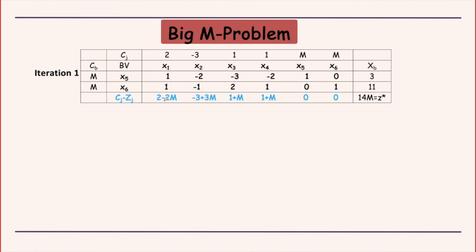Now if you calculate the Cj minus Zj part, you would notice that there is one which has a minus 2M. Since M is a very big number, this is going to be a very big negative number, so optimality has not been reached, and you need to improve on this. And the current z value is 14M. So that means your objective function is very large at this point of time.